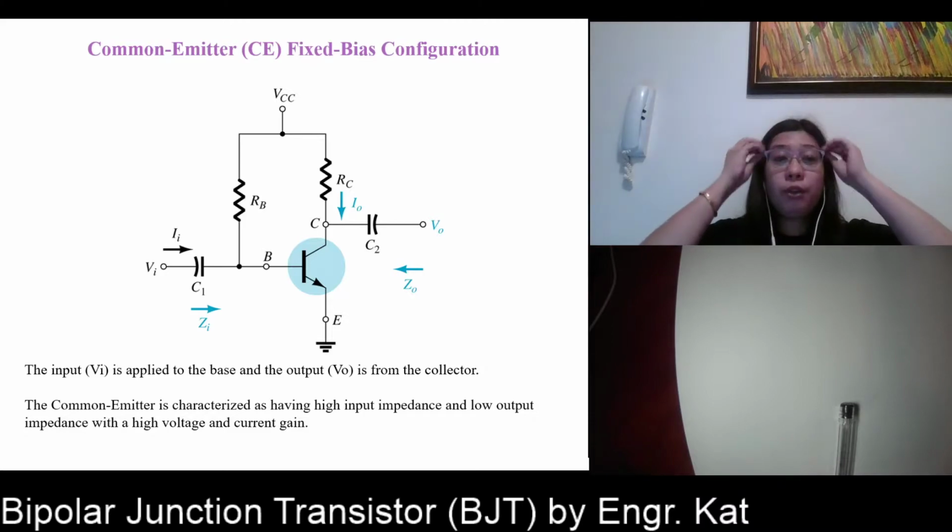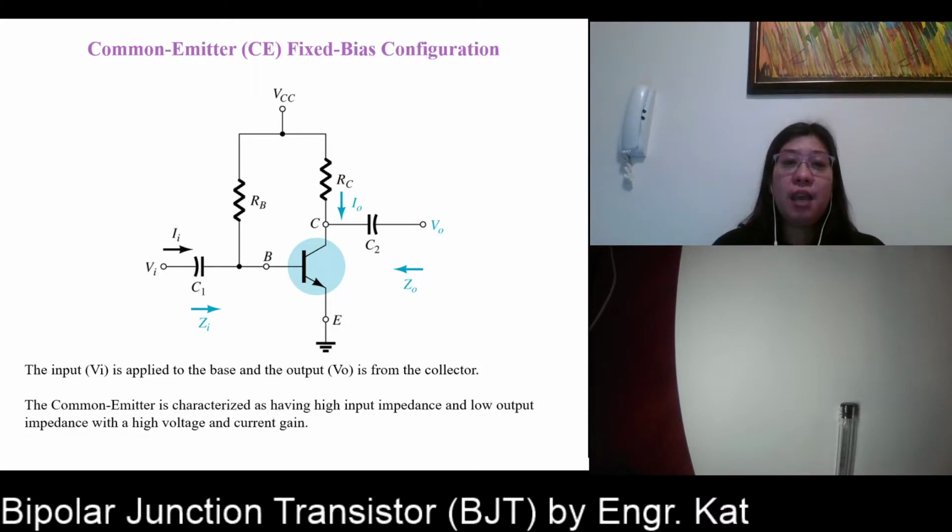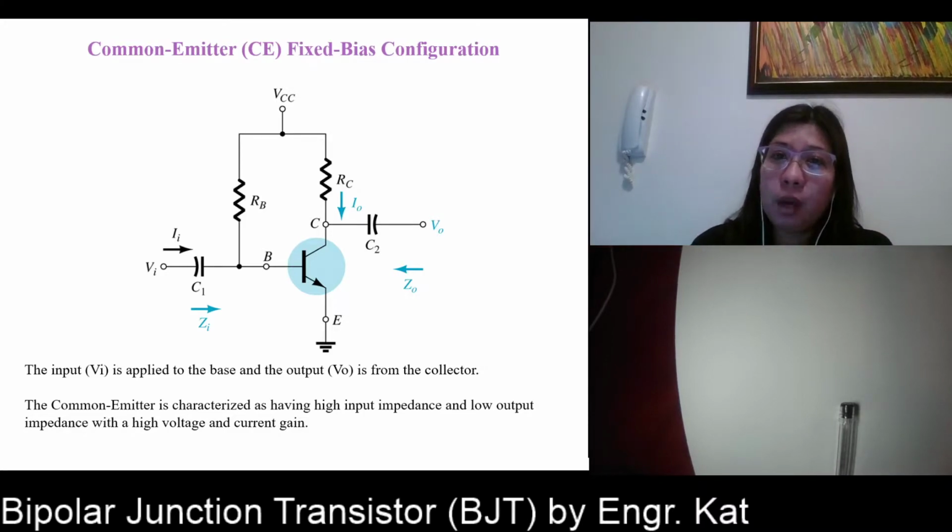So common emitter is characterized as having high input impedance compared to common base. Why high input impedance? Because for common emitter, Zi is equivalent to beta multiplied by re, compared to common base, which is just equivalent to re. And it has low output impedance, with both high current gain and voltage gain.